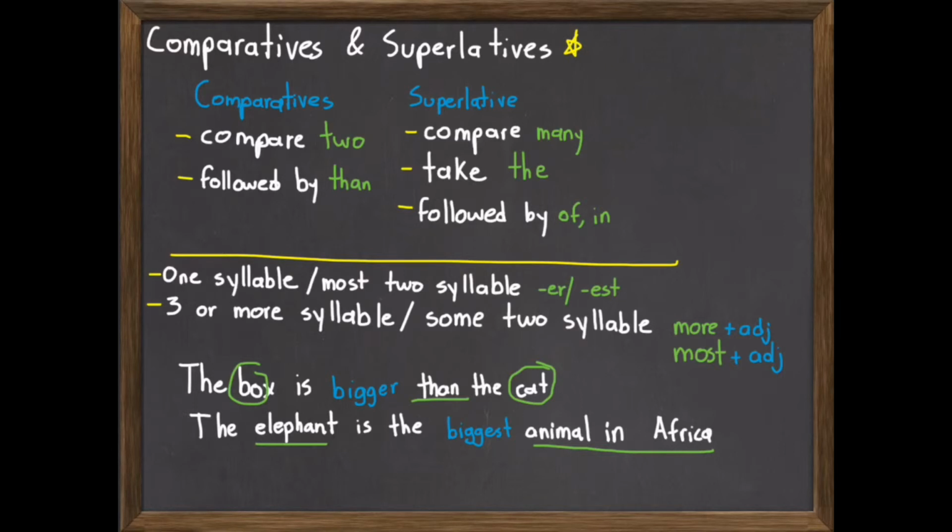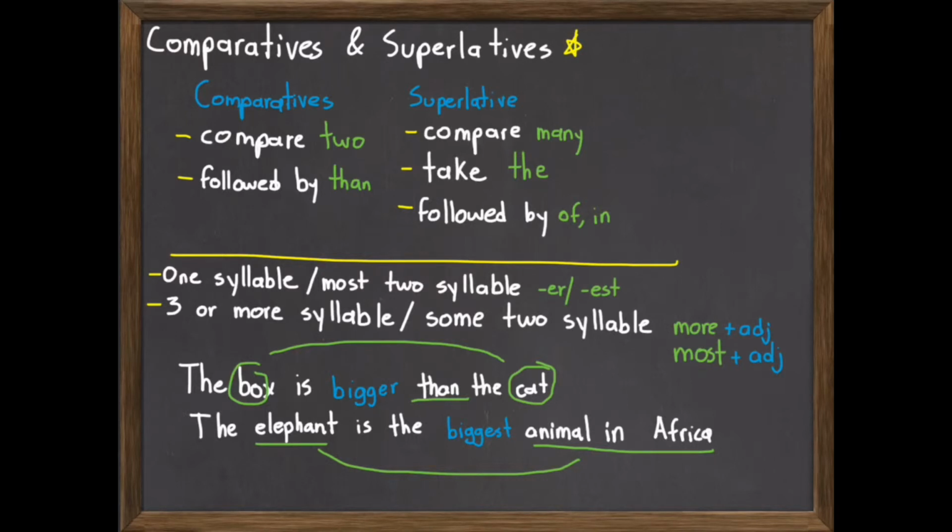The elephant is the biggest animal in Africa, which means that if we compare the elephant to other animals in Africa, the elephant will be bigger than all of them. So the difference here is that we're comparing two things, and here we're comparing one thing to the rest.